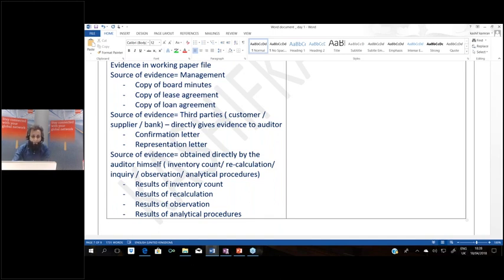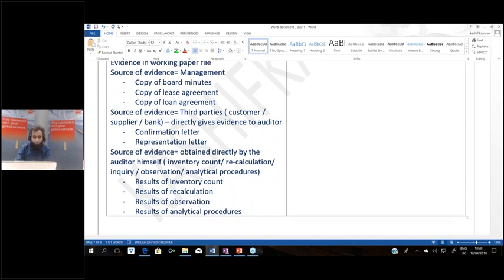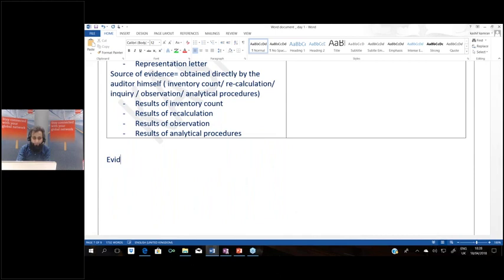Now, just an example. Suppose you need to find evidence on a bank loan, and you have 4 marks, right? Evidence on a bank loan and you have 4 marks. Just want to do an exercise because I want to criticize something which students normally do and get you on track.